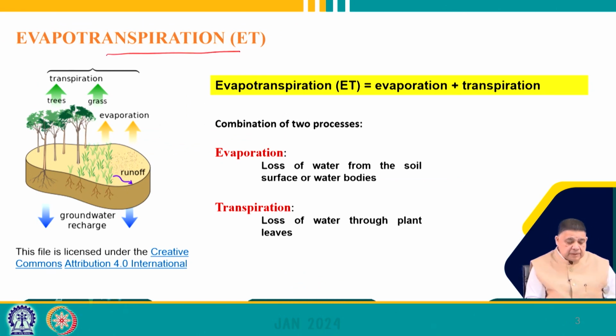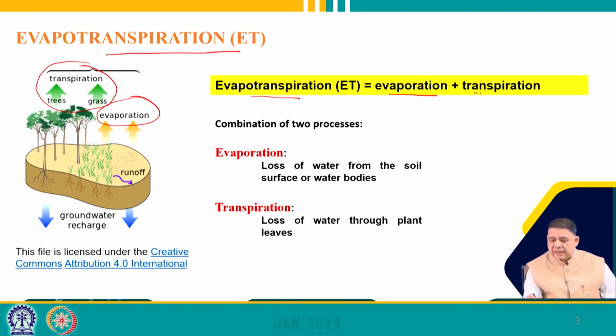If you remember the hydrological cycle which we introduced in earlier classes, we know evaporation occurs from water bodies, and that is how water is transferred from land to the atmospheric system. Transpiration also occurs from the canopies of trees, plants or crops. So, evapotranspiration is the sum of evaporation and transpiration.